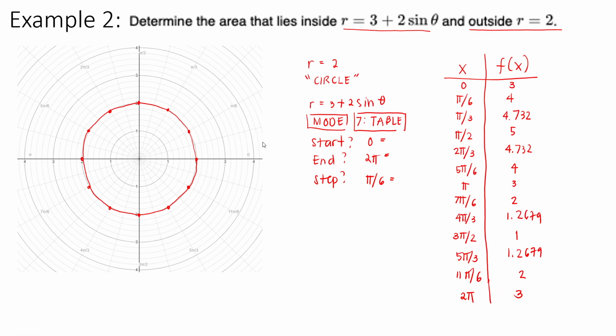Okay, so let's use another color for the second graph. Starting with 3, then next is 4, then 4.7. So let's say 5 is somewhere here. Then 2 pi over 3 is 4.7.